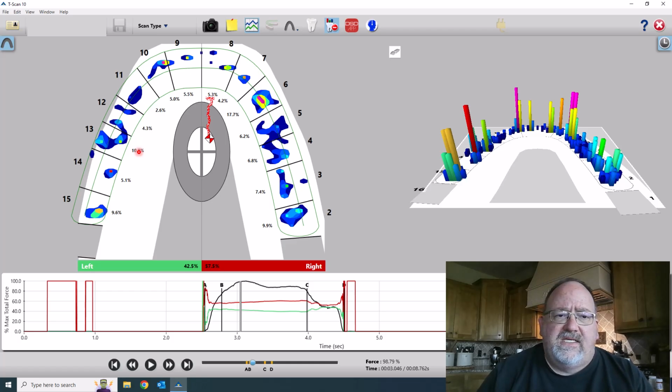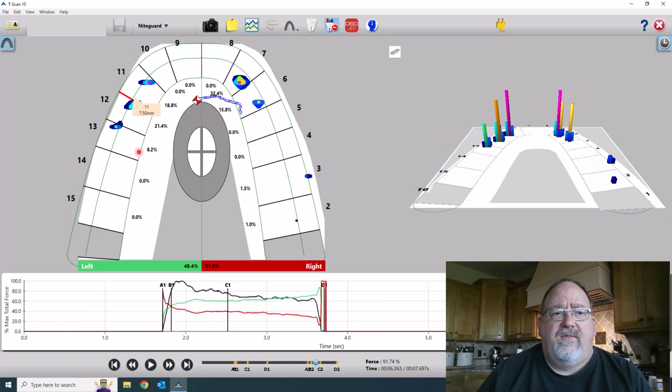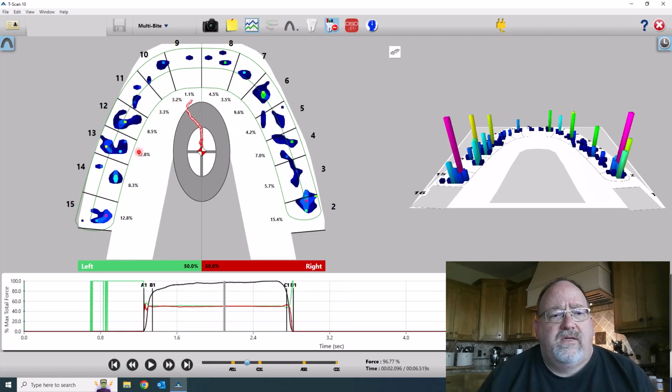The dentist, in good faith, built a night guard to try and help her, and this is the distribution and force profile on that night guard that the patient was suffering with. Again, in a very short amount of time, we made some adjustments to some crowns and other restorations she had, and we were able to balance her out pretty quick.